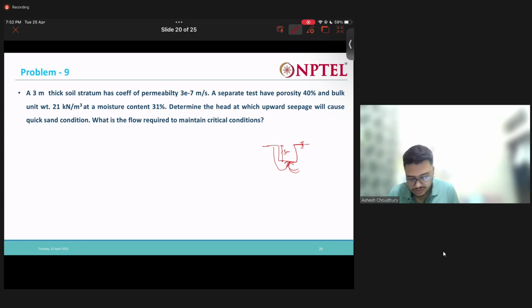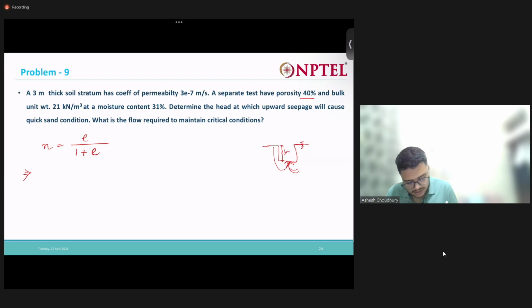First, let us do the simple thing. Let us find out the void ratio. So n is given, right? Porosity is given. Porosity n is e by 1 plus e. So n is 0.4.